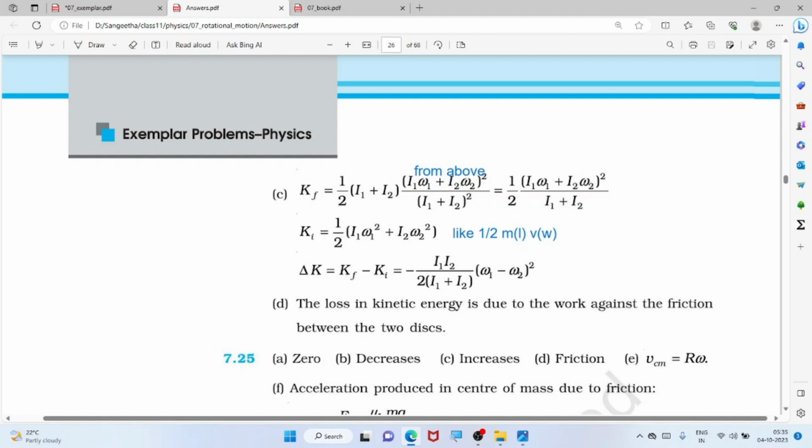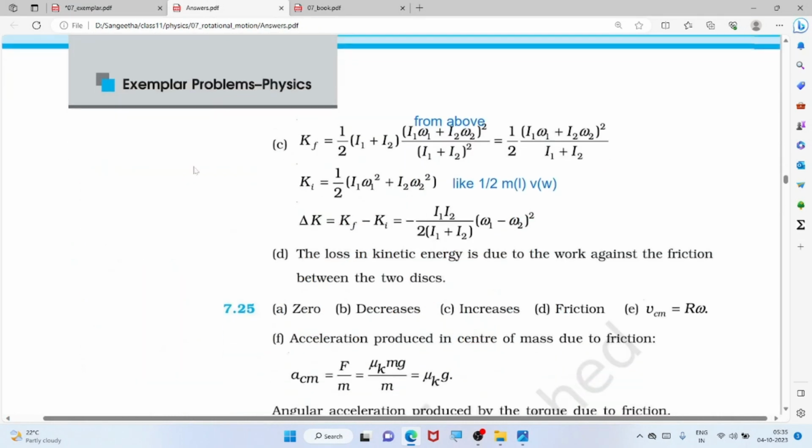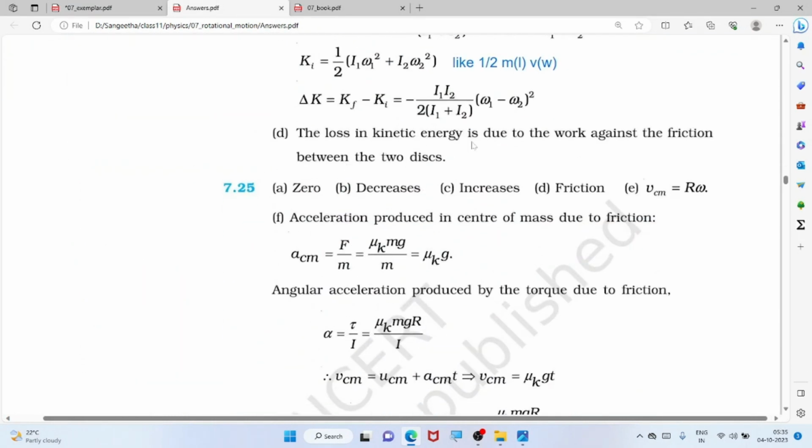It is like half m v squared, where m is nothing but the moment of inertia for rotational motion, and instead of v we use angular velocity. Account for this loss. The loss in kinetic energy is due to the work done against the friction between the two disks.